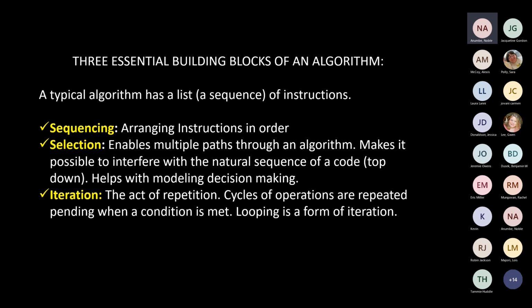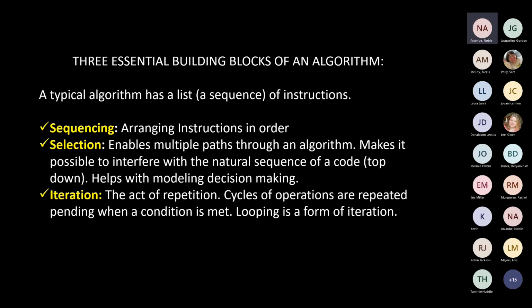Now, selection literally enables multiple paths through an algorithm, and I'm going to explain what that is with a diagram. Now, it makes it possible to interfere with the natural sequence of a code, which is top down, and I'm explaining what that is in a jiffy. It helps with modeling decision making.